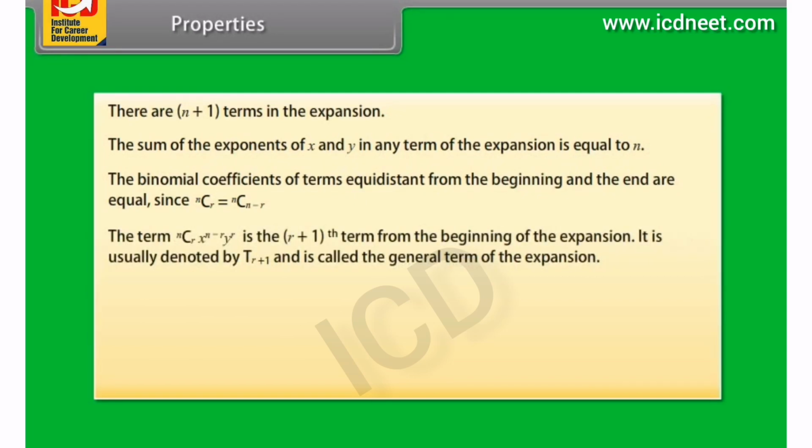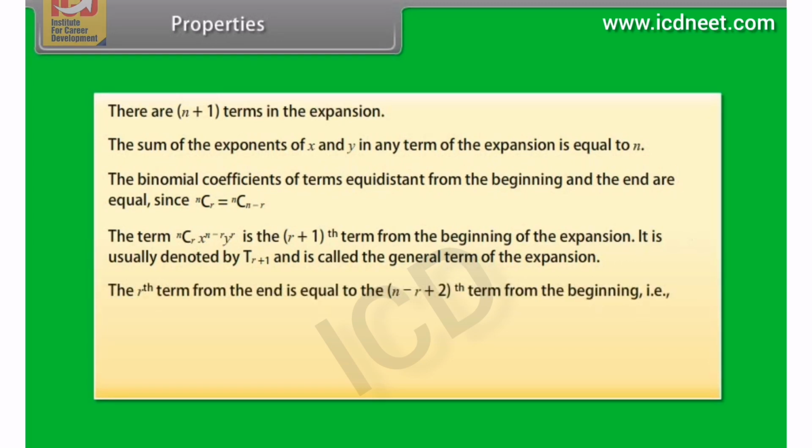The term nCr times x^(n - r) times y^r is the (r + 1)th term from the beginning of the expansion. It is usually denoted by t(r+1) and is called the general term of the expansion.